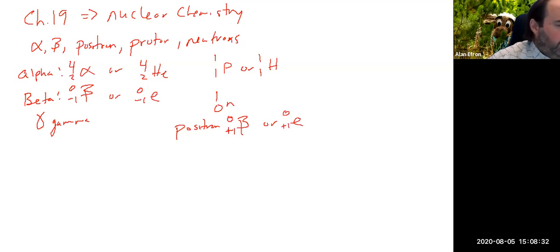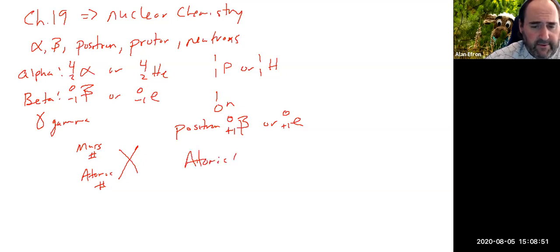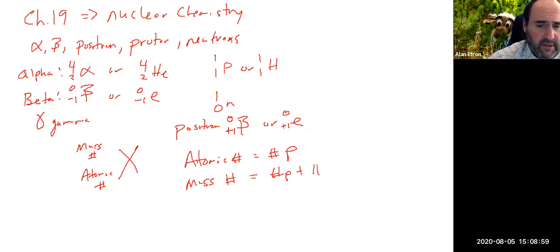In terms of symbols, remember that when we write these, the number up on top is the mass number, and the number on the bottom is the atomic number. The importance of that is the atomic number is your number of protons, while your mass number is your number of protons plus your number of neutrons.